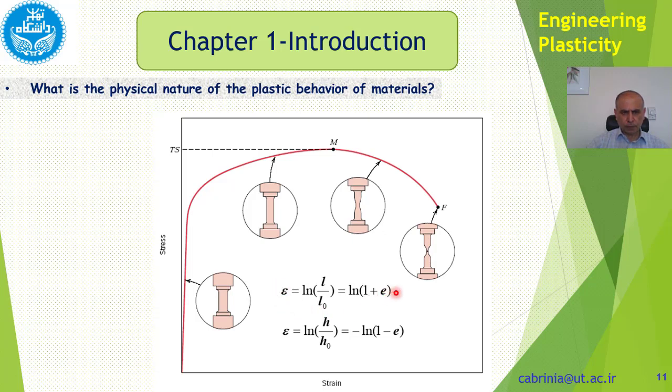That is engineering strain. But this is true strain, or natural strain, as we call it, and it's shown by ln of L over L0, and this e in fact is L minus L0 divided by L0. So this is engineering strain, this is natural strain. We can easily derive these relations.